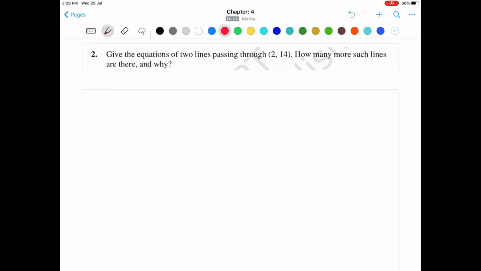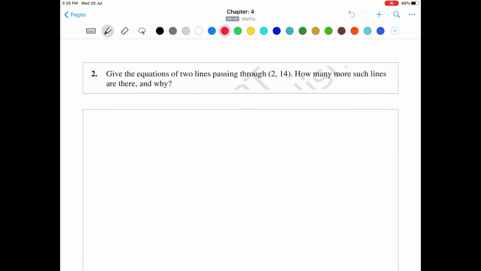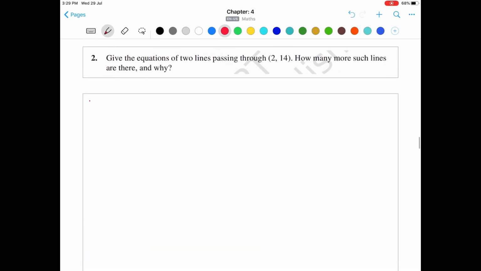Like I said, if we have a point, we can draw an infinite number of lines passing through that particular point. So this will be answer number 2.